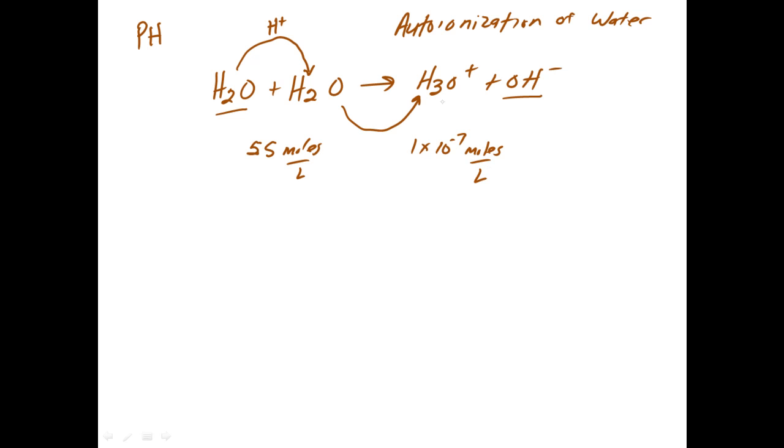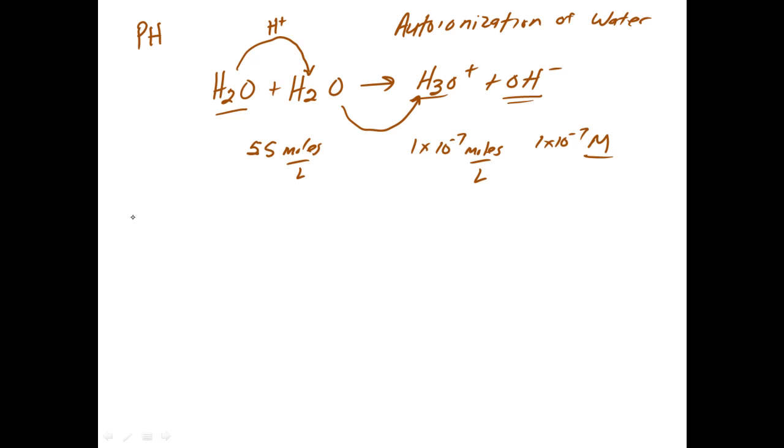And so that is the concentration of the hydronium ion, and since for every hydronium ion formed, a hydroxide ion has to be formed, the concentration of the hydroxide ion is also 1 times 10 to the negative 7th molar. I'll use a capital M instead of moles per liter here.